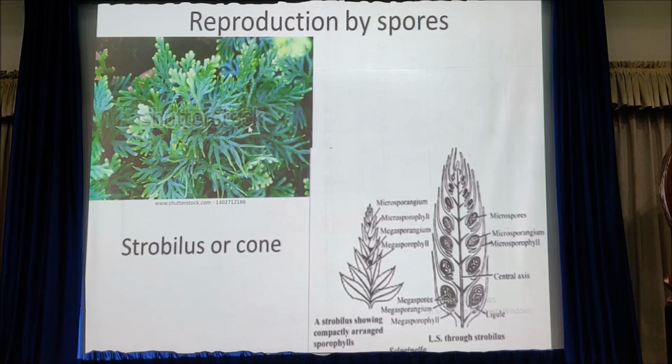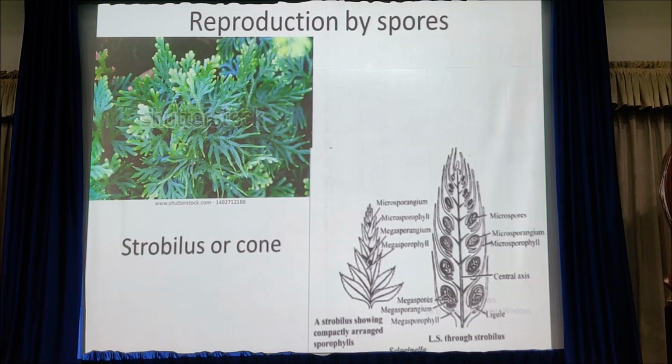They are arranged at the apex of the main stem and its branches in a compact manner around a central axis, forming the strobilus or cone. The structure of the strobilus involves a centrally placed axis on which both megasporophylls and microsporophylls are arranged spirally and compactly to form the strobilus.